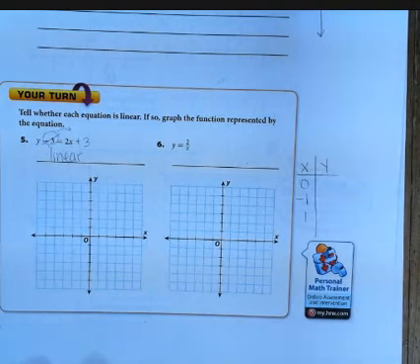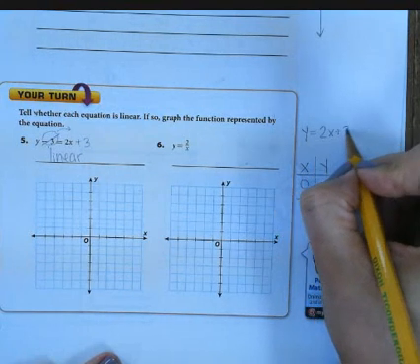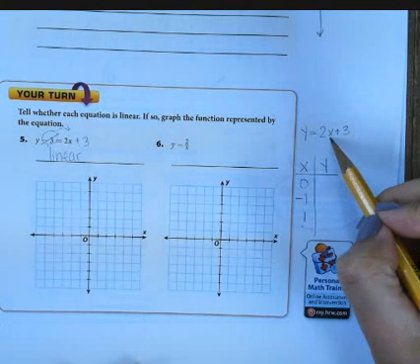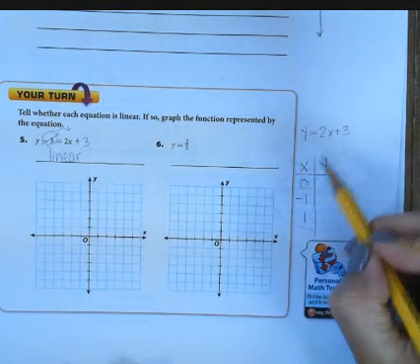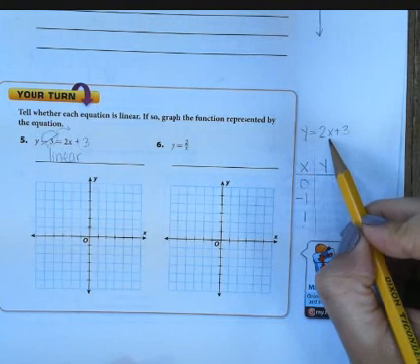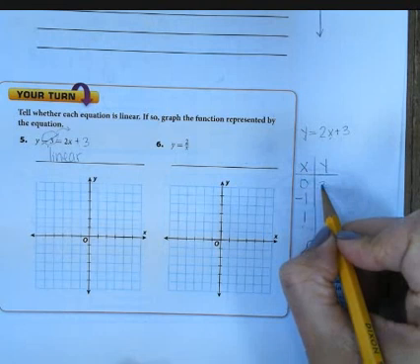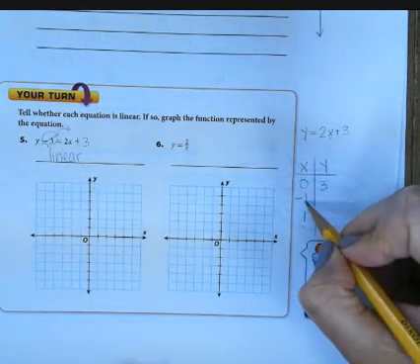I can substitute these values in for x and then solve for y. If I substitute 0 for x, I have 2 times 0 gives me 0, and 0 plus 3 is 3. 2 times negative 1 gives me negative 2, and negative 2 plus 3 gives us 1. And 1 times 2 is 2, and 2 plus 3 gives us 5.